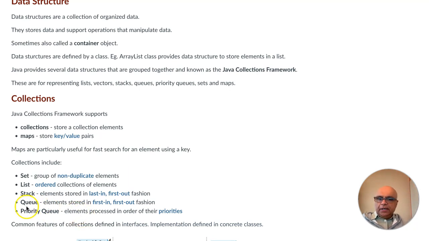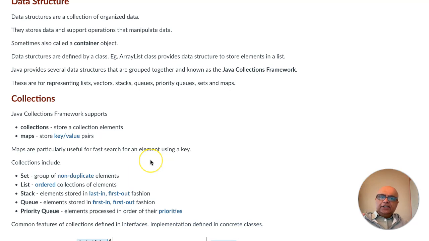A queue similarly has first in, first out semantics. So the first person in a queue is the first person who gets out of the queue. Priority queues add the notion of priorities for processing elements, and we will talk about that again in a later lesson, right? So the common thing about collections is that they're defined by interfaces and they're implemented with concrete classes.